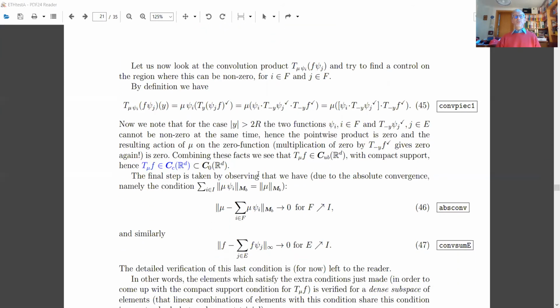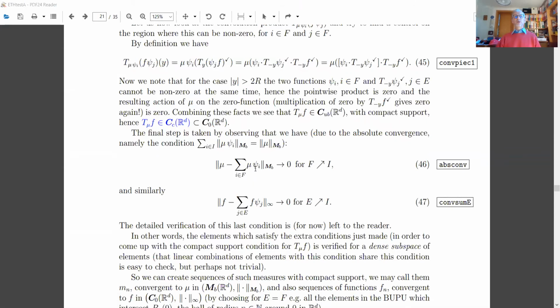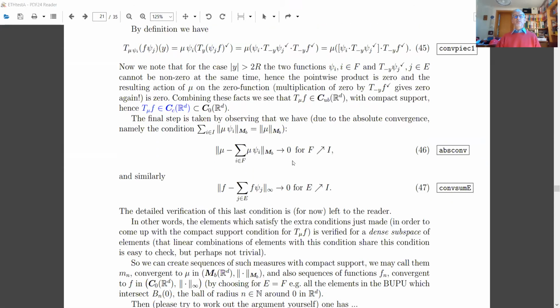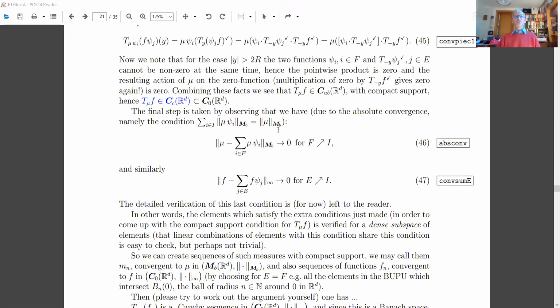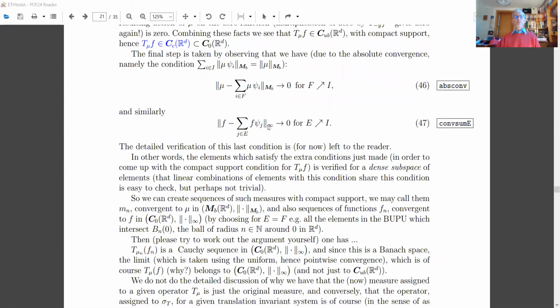Now we also know that if you take more and more pieces of either mu or f, and so larger subfamilies, then this will be convergent, and you use the continuity of the action, the control of the system by the size of the measure times the size of the function, in order to find out that you have a limit of functions in the compactly supported things which are still in C0, because C0 is a Banach space. So you see the completeness is very valuable here and in many other places.